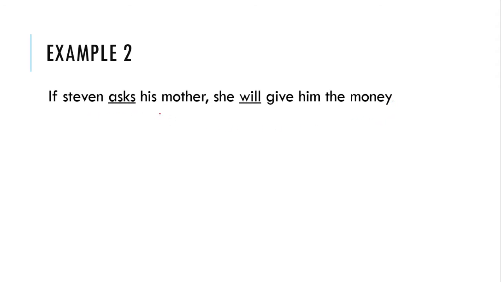If Stephen asks, look at this. This is the present simple tense. Asks. So always when dealing with the likely or the probable condition, you should put the present simple tense here. So if Stephen asks his mother, she will give him the money. The will is the simple future. Done.